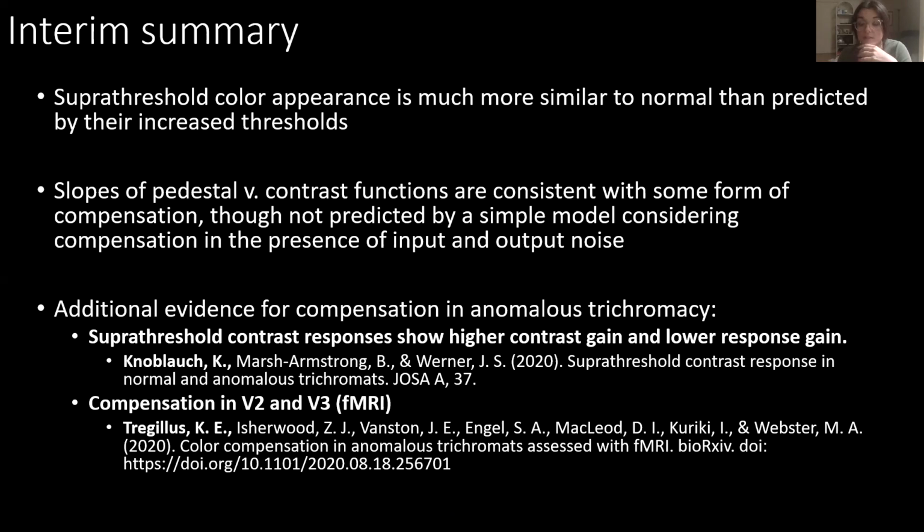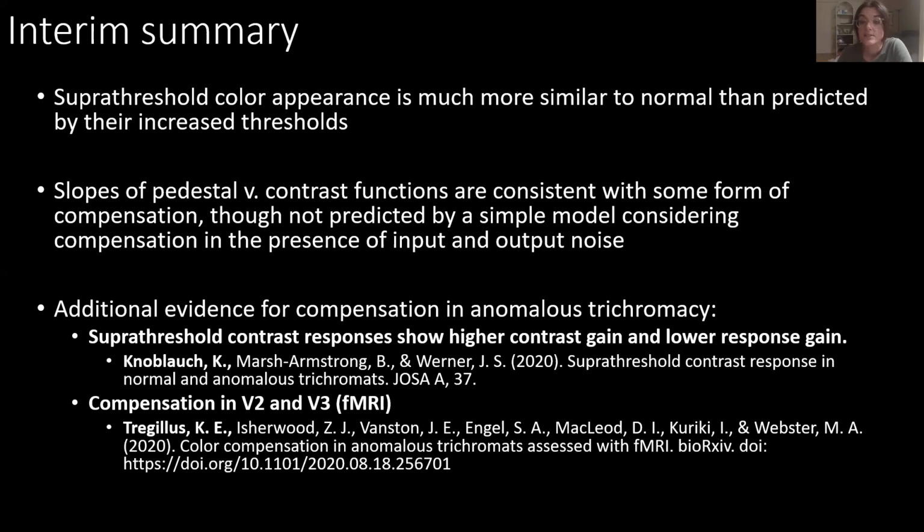So this is direct evidence of a neural compensation as opposed to just a cognitive or biased response in the anomalous observer. So it's possible that a more complex model, for example, one that allows for noise at the compressively nonlinear stage but compensation at a later stage, like in the cortex, or even at multiple levels of the visual system, might better explain our results.